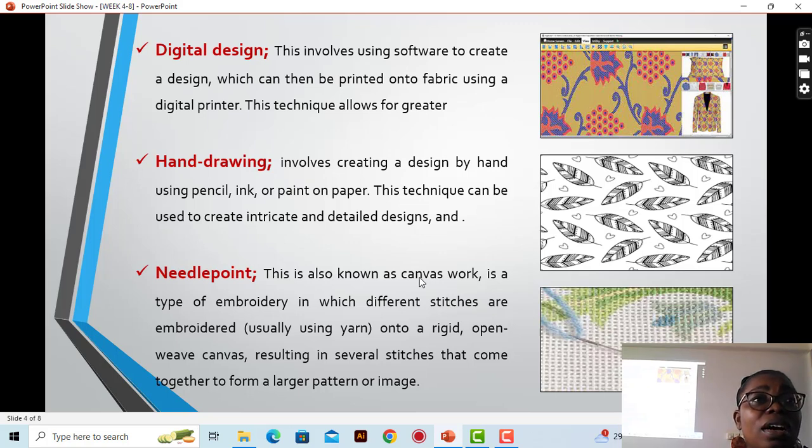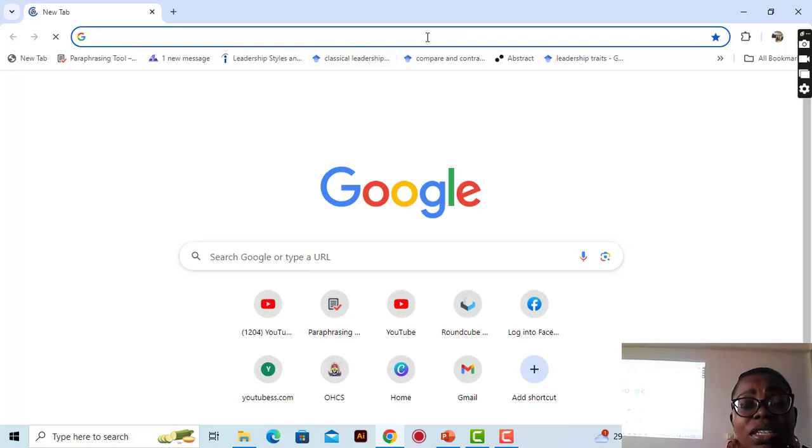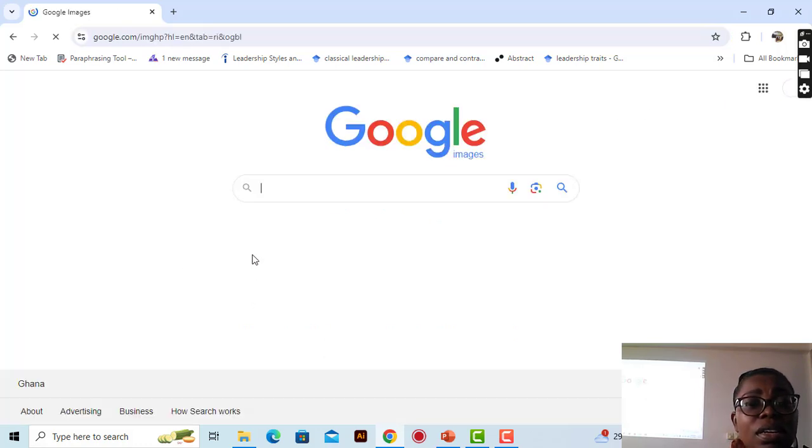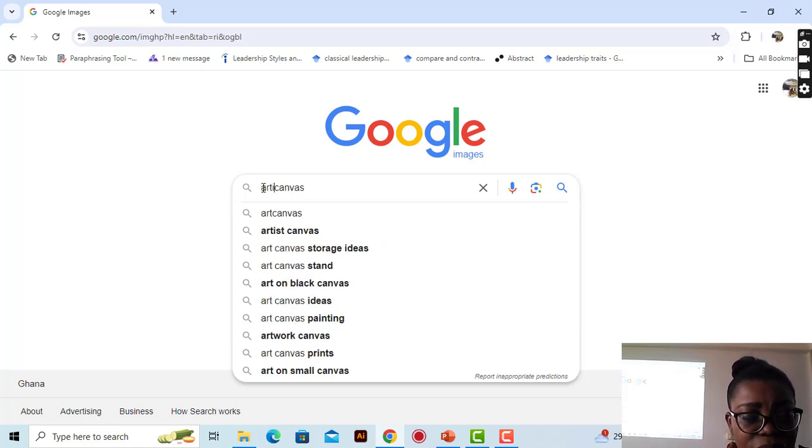Okay, I will type canvas here, and then you see. But remember, I taught you how to check for images, right? So you go to images, and then you don't just go and type canvas. It will bring you the canvas you were thinking about. So you can even write artist canvas, and let's see what it gives us.